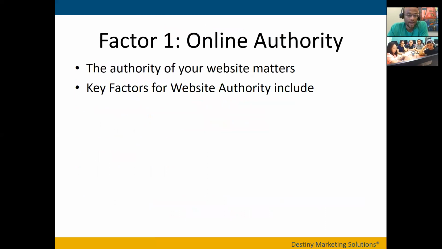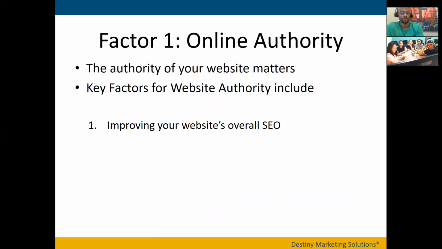Some of the key factors for your authority include improving your website's overall SEO. Pretty much what we went over during the on-page SEO training and during some of the other trainings, the technical SEO training, very important that your website is up to standard when it comes to your on-page and technical SEO. Building backlinks to your website.